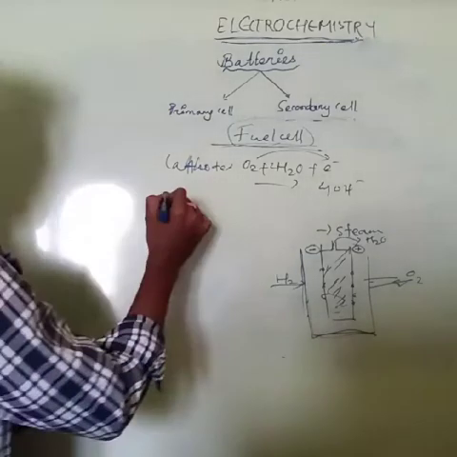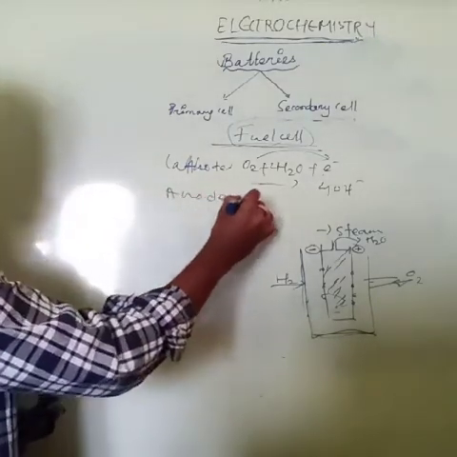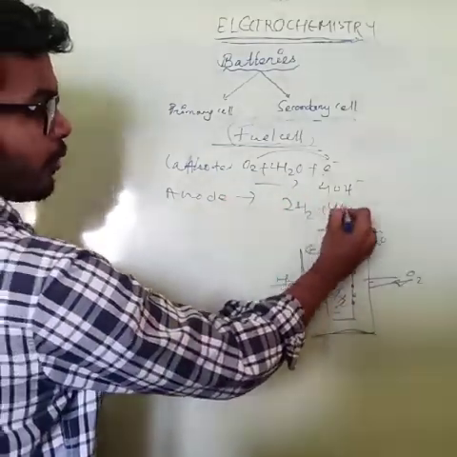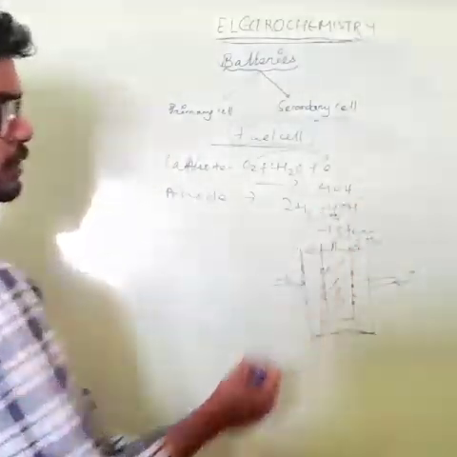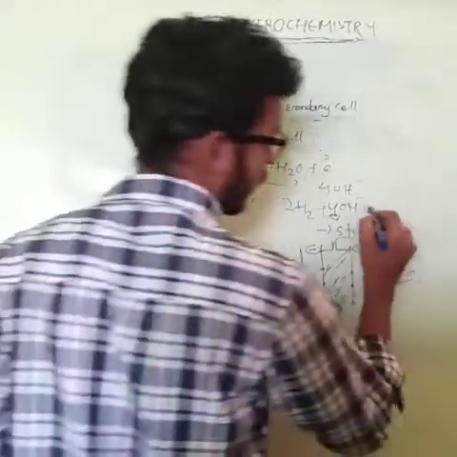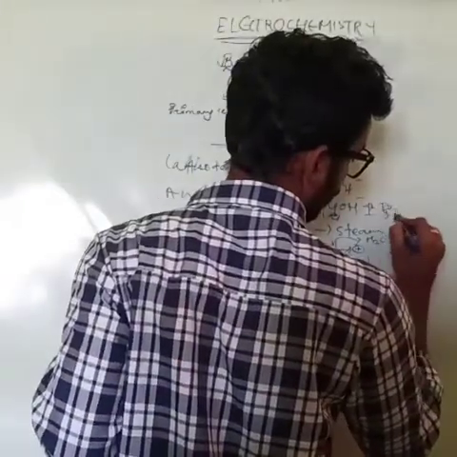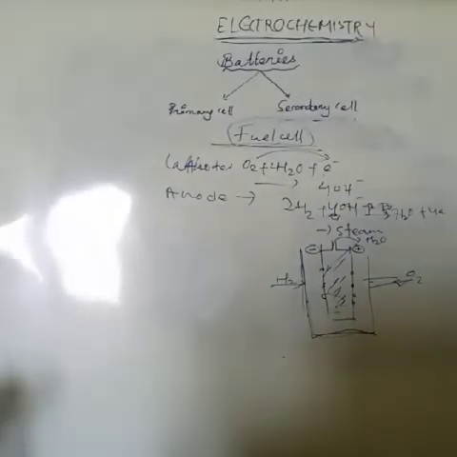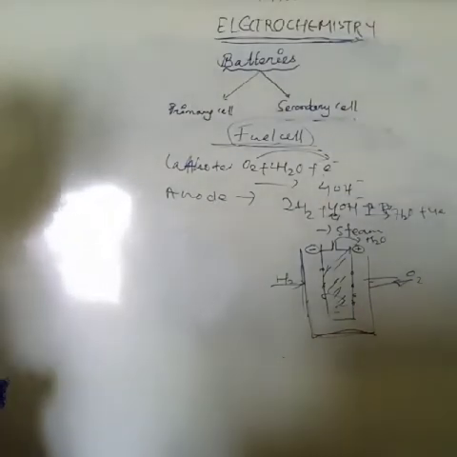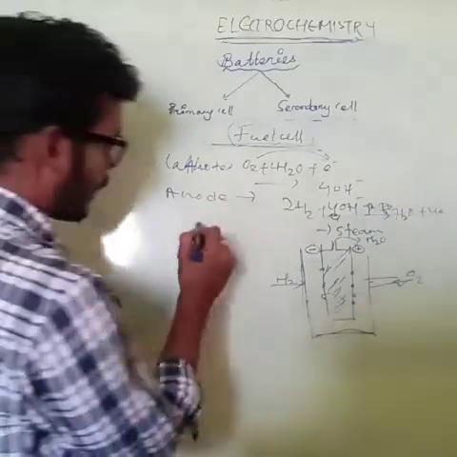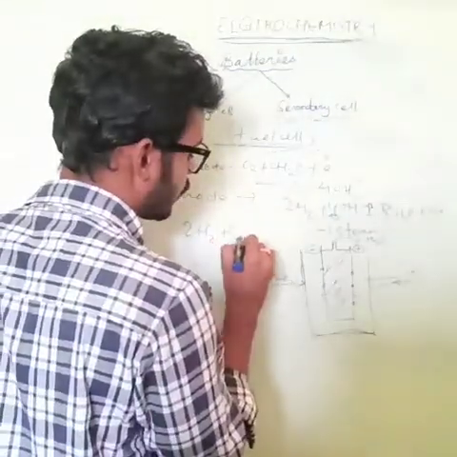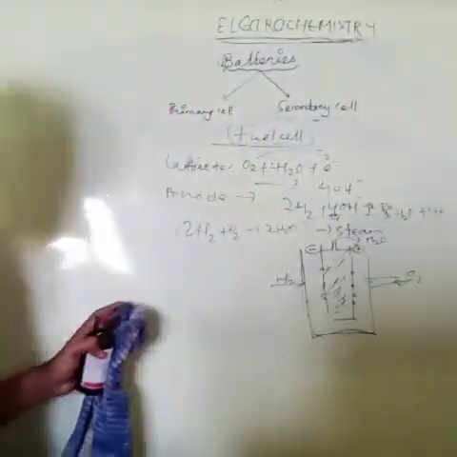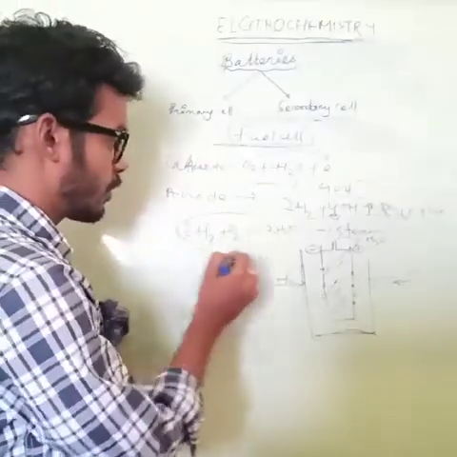Okay, what will happen in anode then? Similarly, तुम्हारा H2 plus 4OH minus, this will give you 4H2O plus electrons. Okay, simple. The overall reaction, what will happen? 2H2 plus O2 will give you 2H2O. This is your overall reaction.